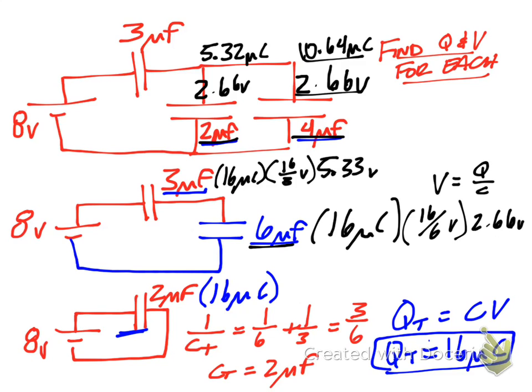So what that takes is going down and reducing it to one capacitor, and then going back up and expanding it out and looking at every combination that we made to figure out what it was.